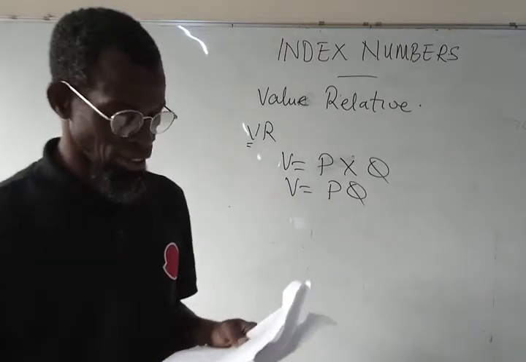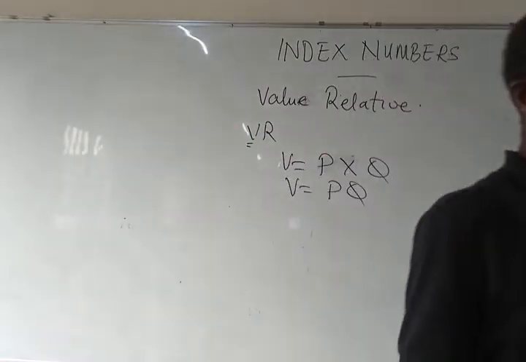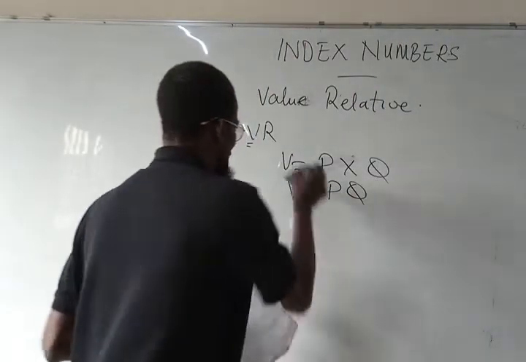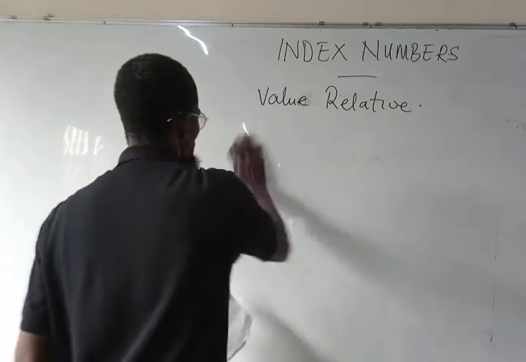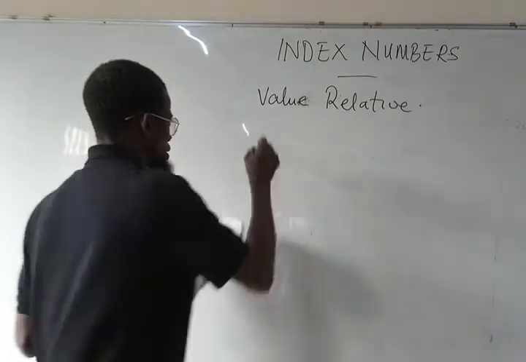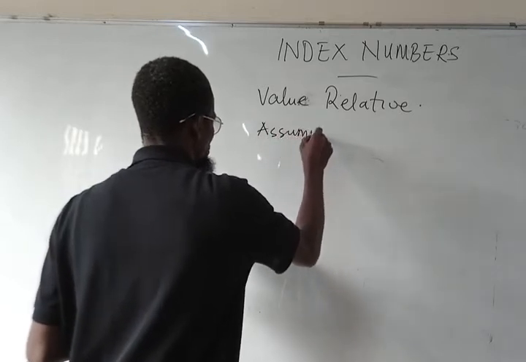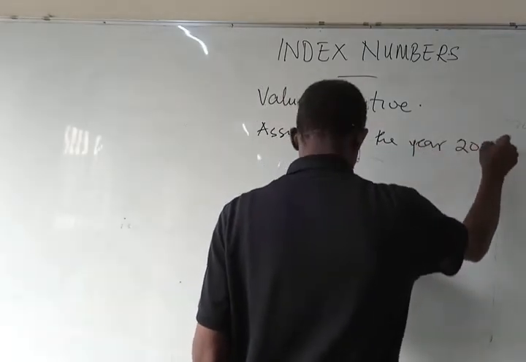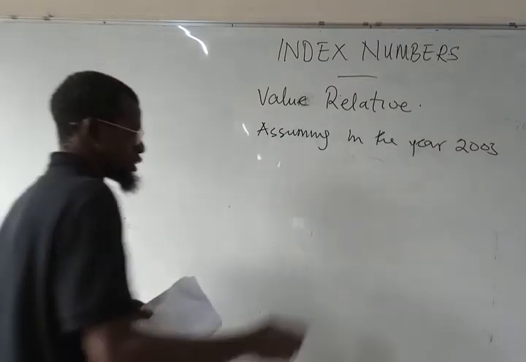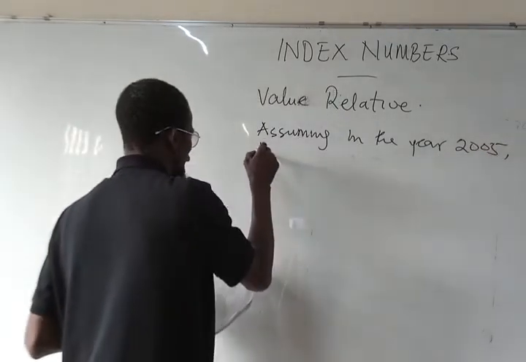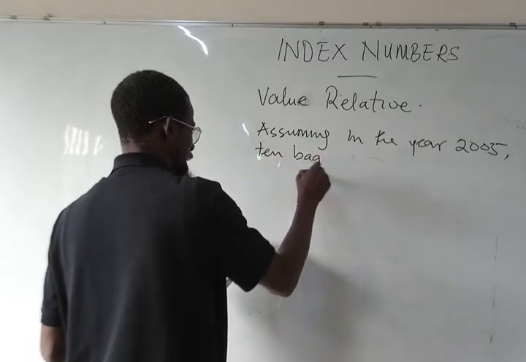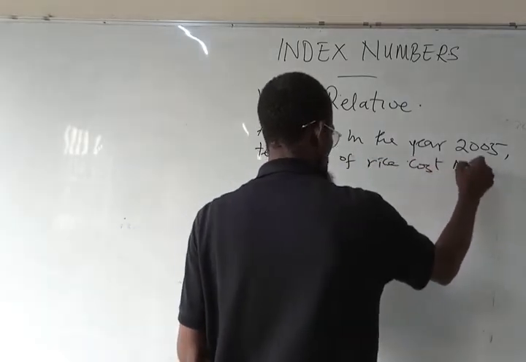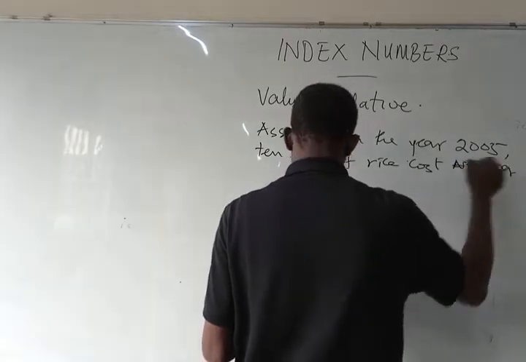To demonstrate this relationship, let us assume that in the year 2005, 10 bags of rice cost 20 naira per bag.